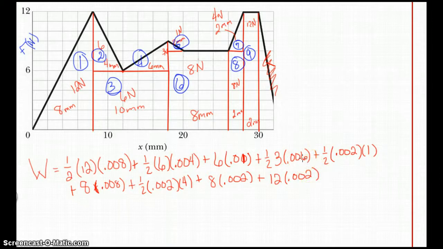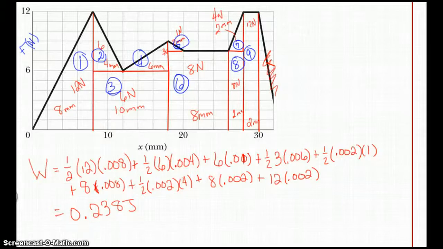If we add all of that up, we're going to get about 0.238 joules. Now remember, I said 1 joule is about the amount of energy it takes to lift a 12-ounce soda can from your desk to your mouth. So this is about 1/4 of that energy.